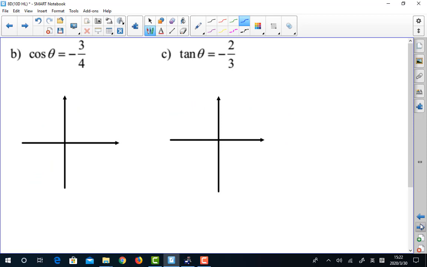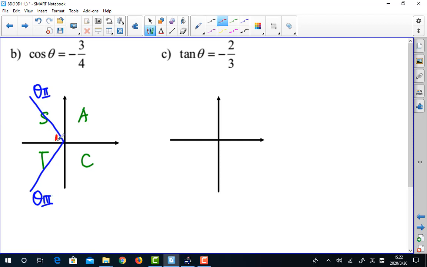B. Cosine theta is negative. Based on All Students Take Calculus, this angle can terminate in the second quadrant and the third quadrant.